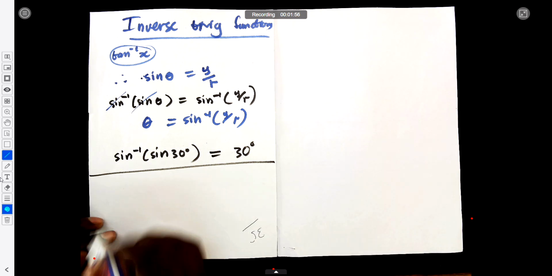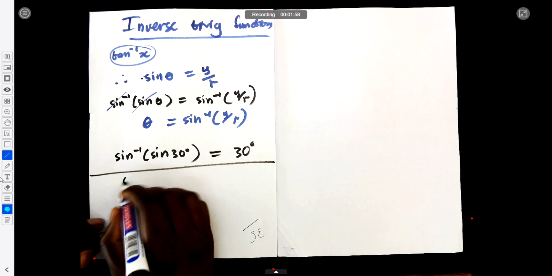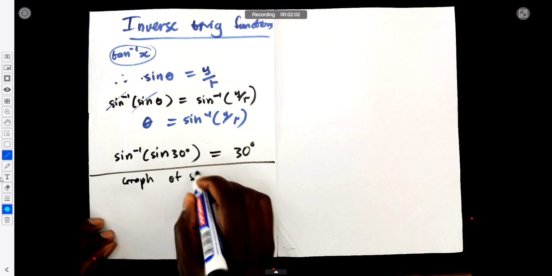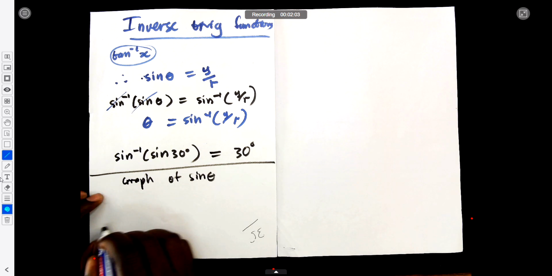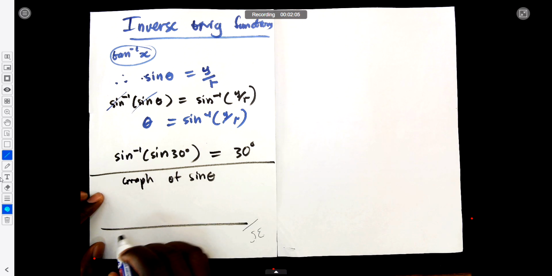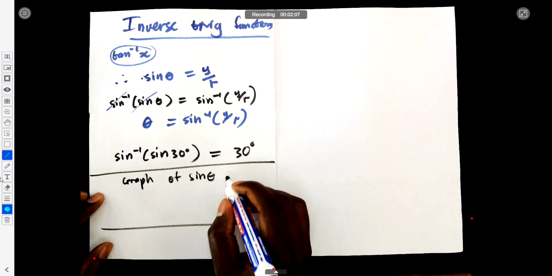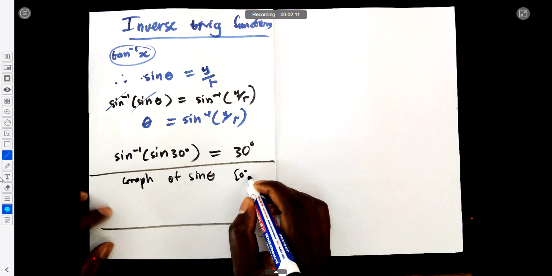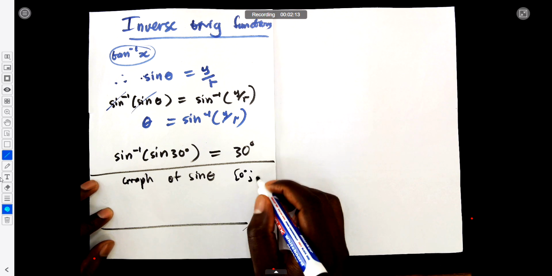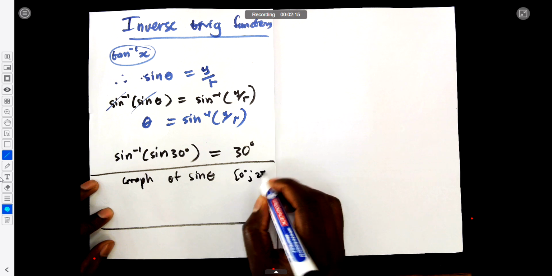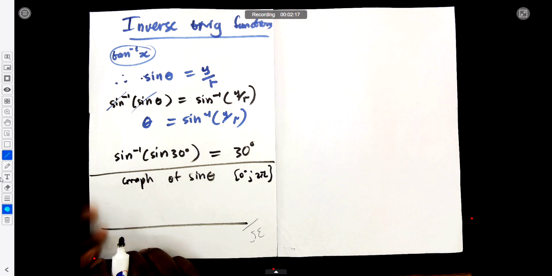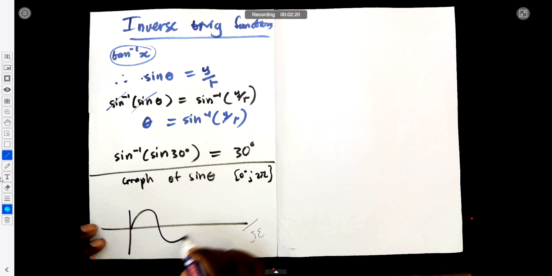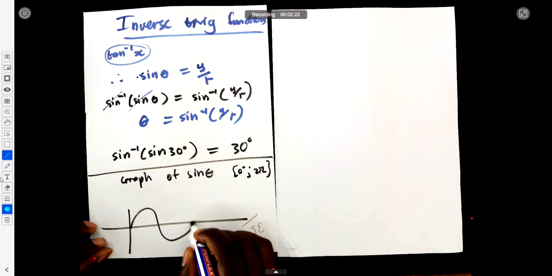When you talk about the graph of sine theta, let's say given from 0 degrees, what we call the domain, to 2 pi, which is 360. The graph goes up to the amplitude, then reaches 2 pi.